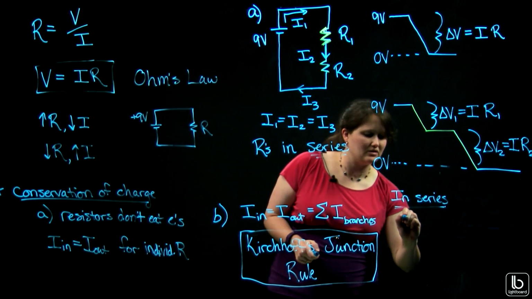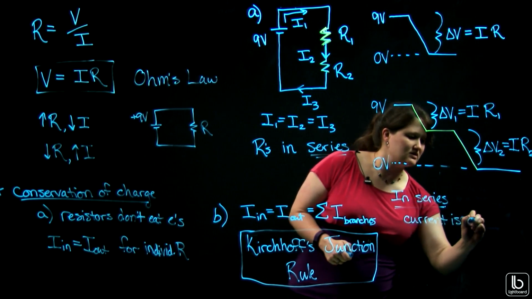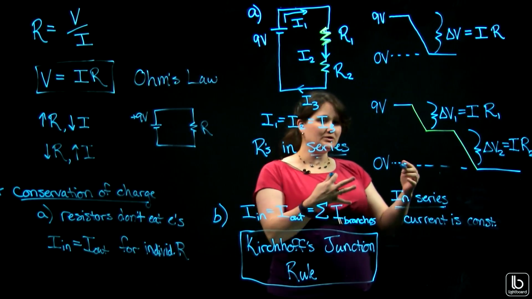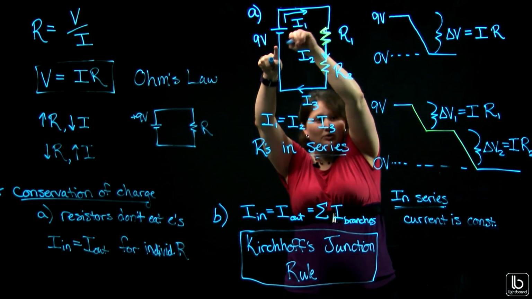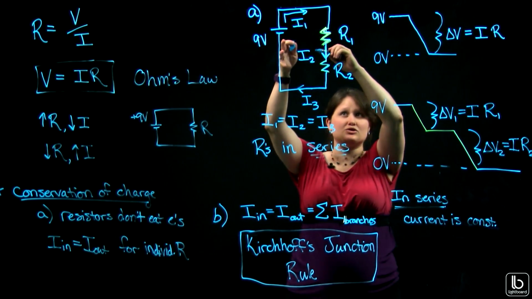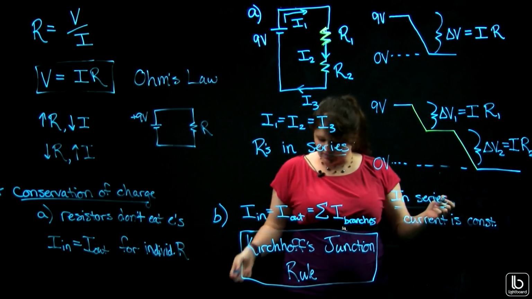So what I'm trying to get at here is that in series, we say that current is constant and voltage sums. So the total voltage I have to start with is equal to the sum of the total voltage drop I get from each resistor.